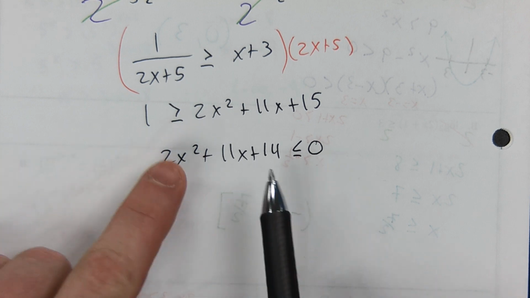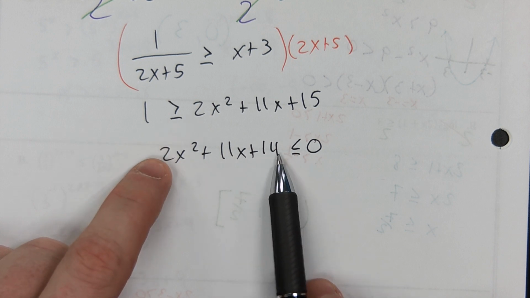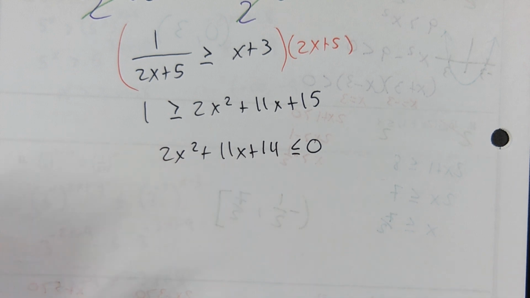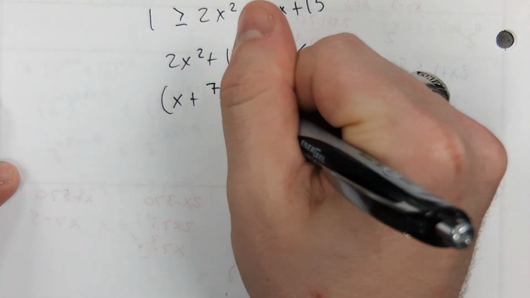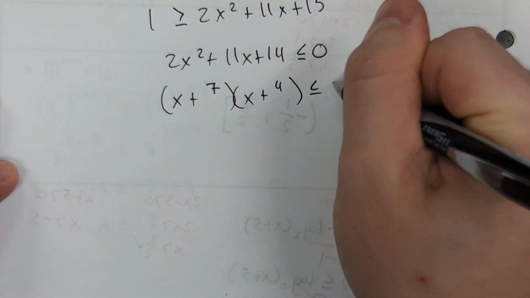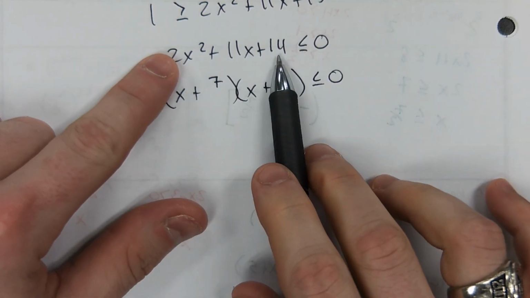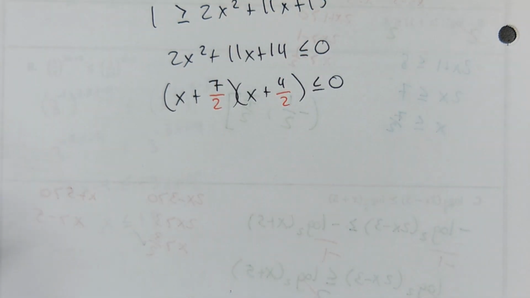Time to factor. So treat it as 2 times 14, which is 28. Which two numbers multiply to 28 that add to 11? 7 and 4, right? But remember, that was if I multiplied 2 and 14 together, so I have to now divide by that 2 to ensure that I didn't actually change the equation.